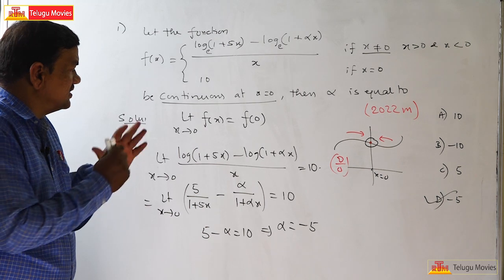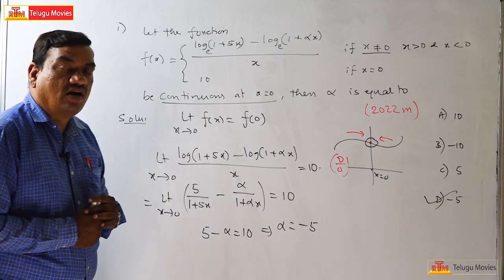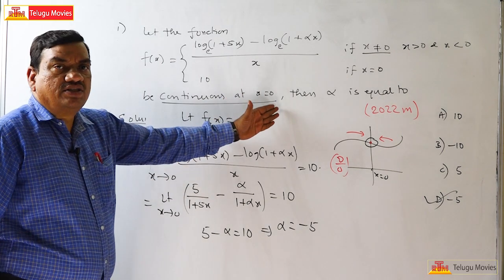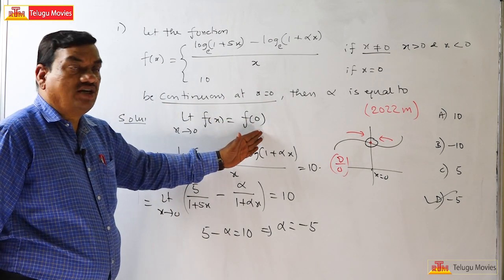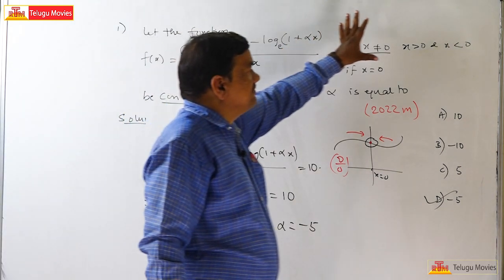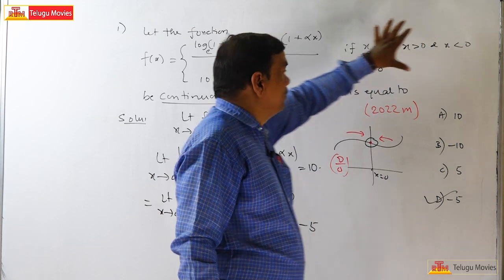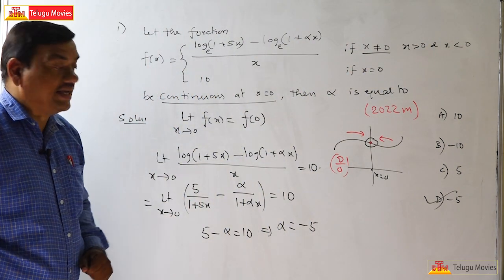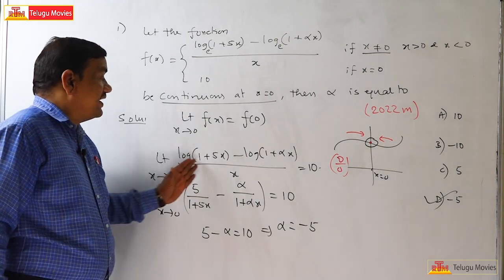See here, such an easy problem was given in the previous JEE Mains examination. Continuous at x equal to 0, therefore we wrote the definition. No need to find left hand limit and right hand limit, because for x greater than 0 and x less than 0 the function is defined the same. So directly we can find limit x tends to 0.